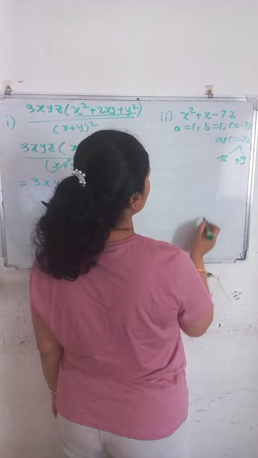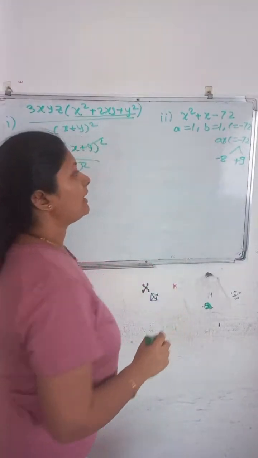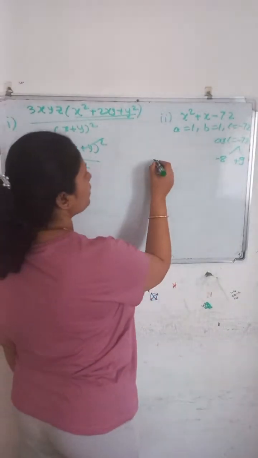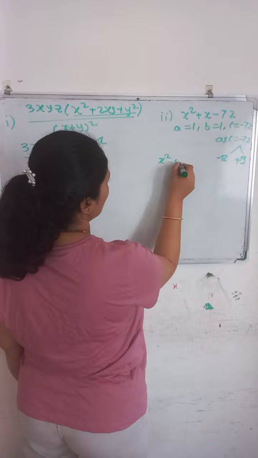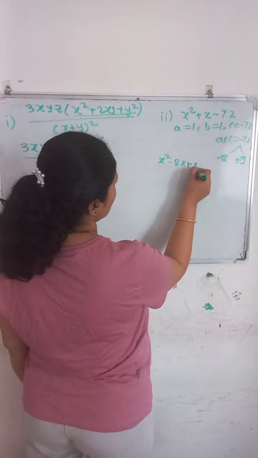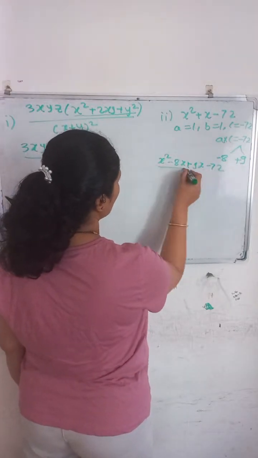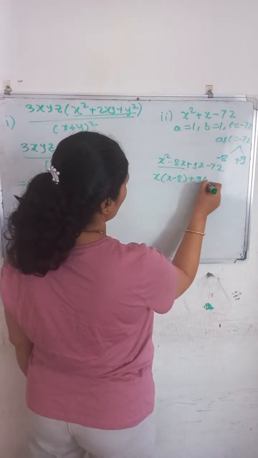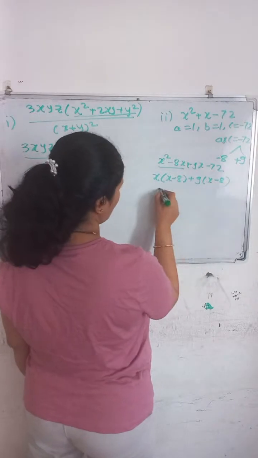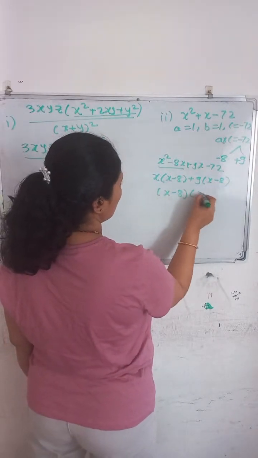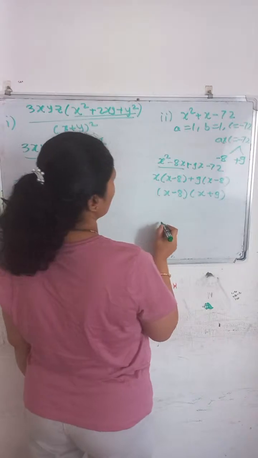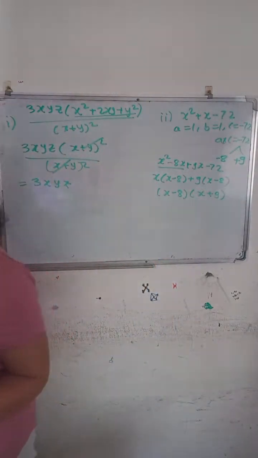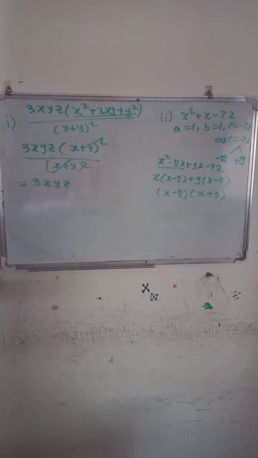This is plus and this is minus. 9 minus 8 is 1, and 8 into 9 is minus 72. So we can write x square minus 8x plus 9x minus 72. Here we can write x minus 8 and x plus 9. So the factors are x minus 8 and x plus 9. Getting this? Understood?